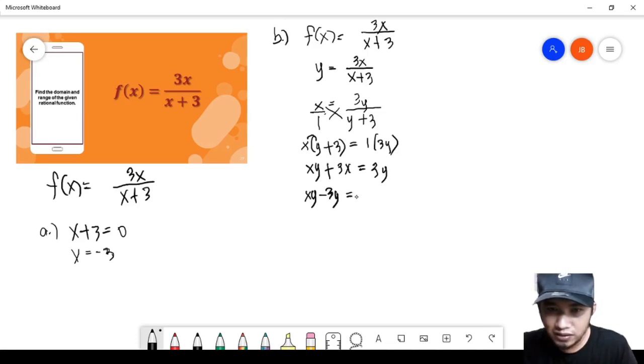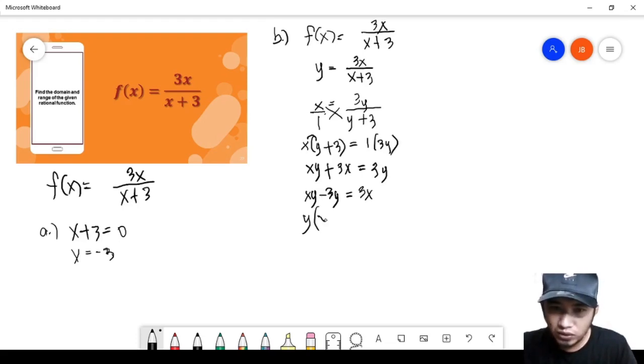3y is equal to 3x. Yan. So, ilalabas na natin si y ngayon. Factor y.